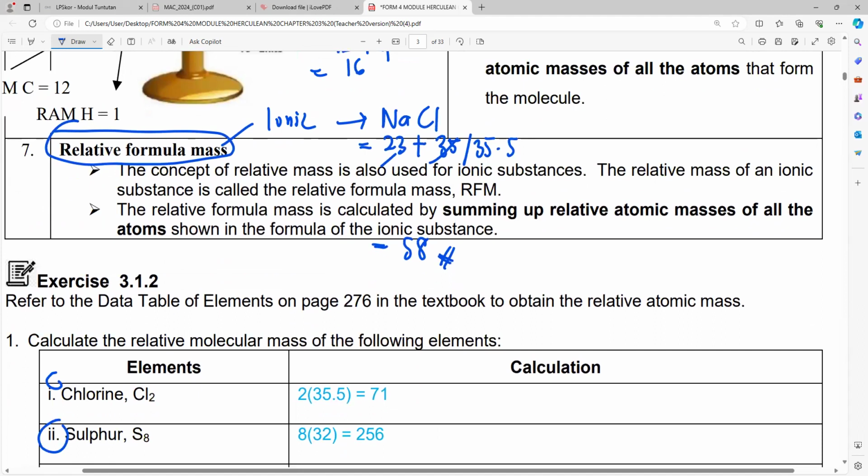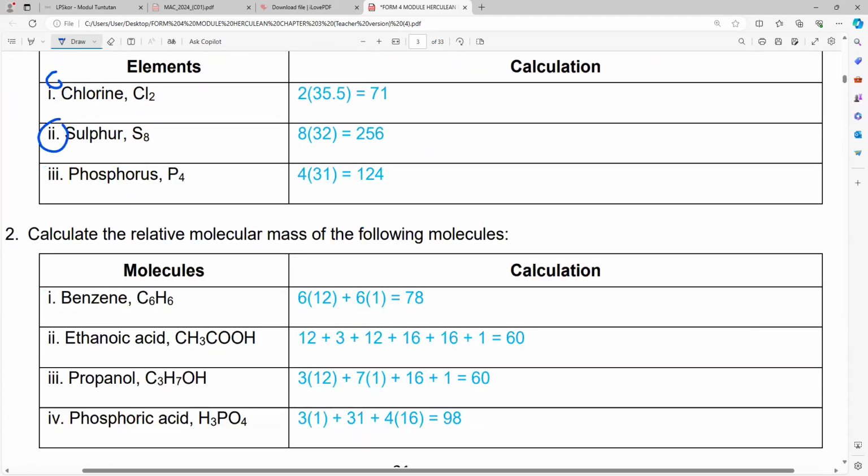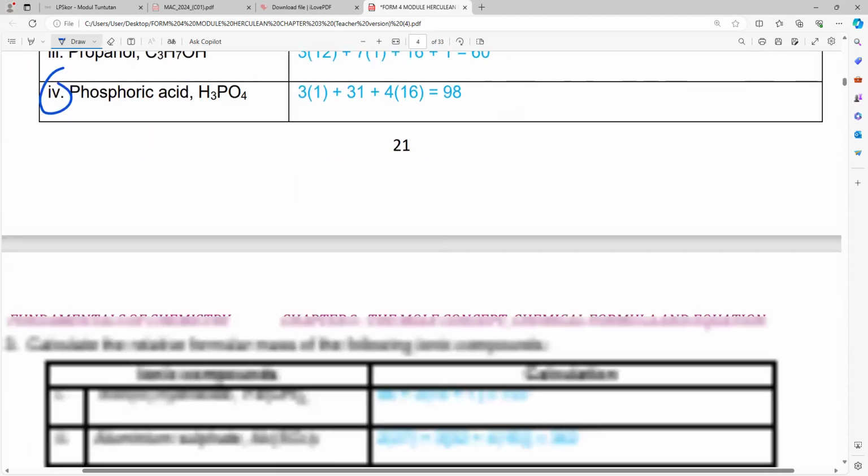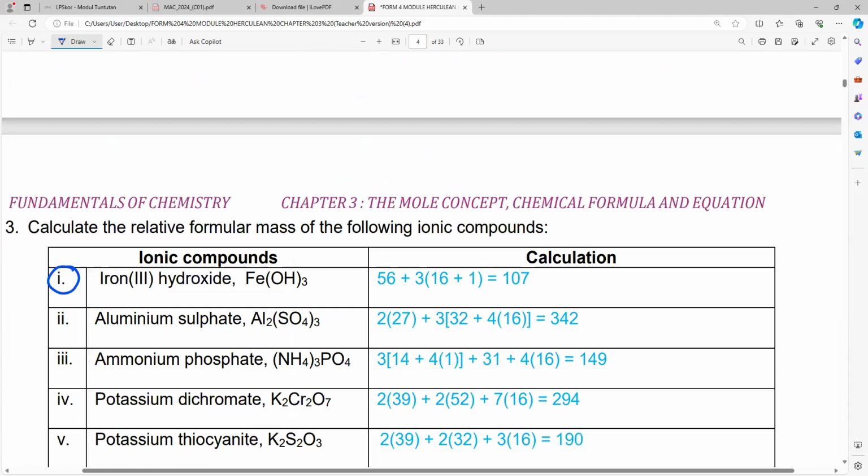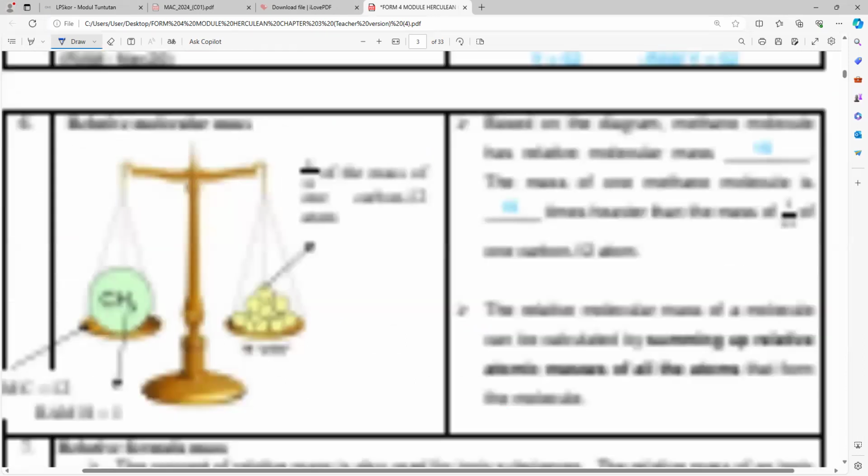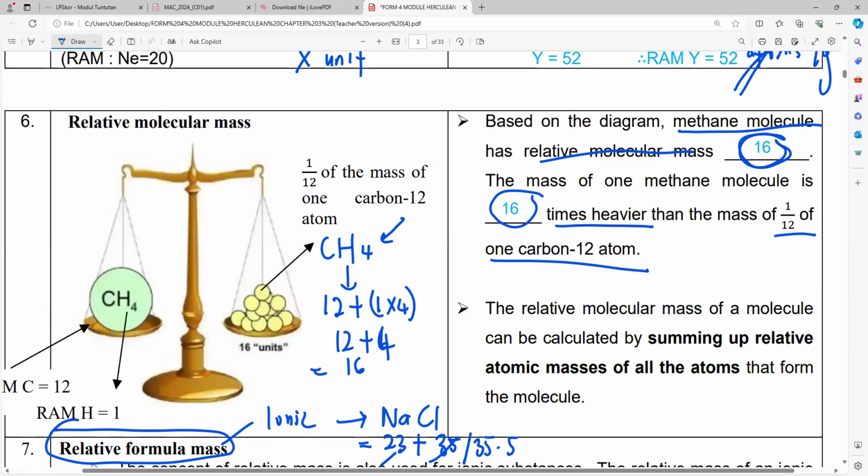Do for teacher benzene and phosphoric acid. Do number 1 and number 2. All start now, quickly. Teacher sets the time for 3 minutes. That means 8:51, all done.